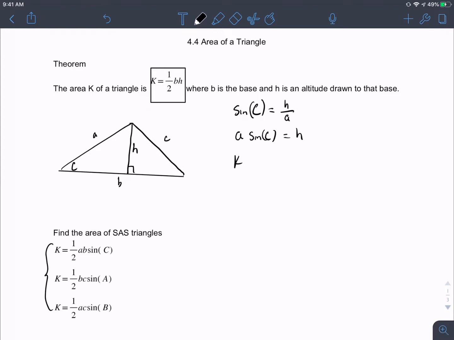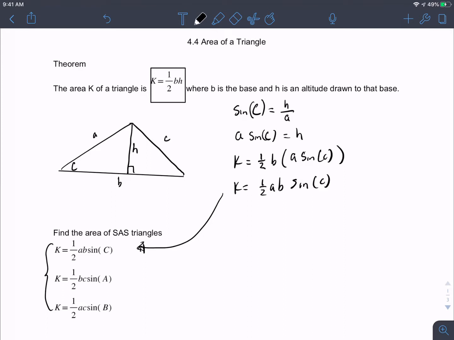So I'm going to go K is equal to 1/2 B times H, but I'm going to substitute H to be A sine of angle C. And so we see that if we rewrite that, we can get 1/2 A times B sine of angle C. And that is this first equation. And this is how you find area if you're given an angle and two sides.